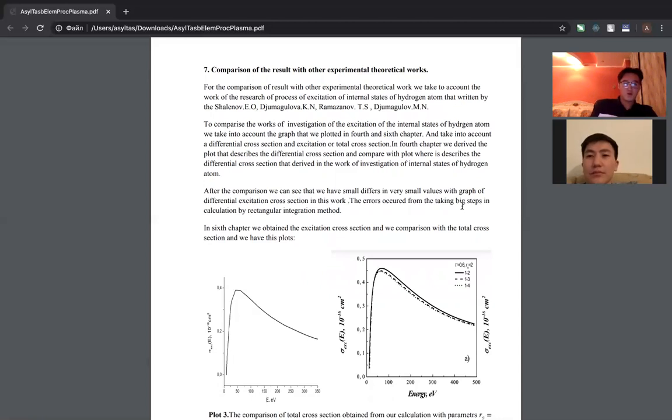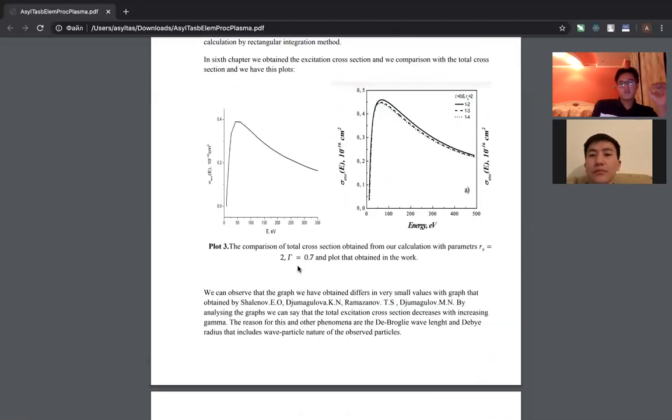In the 6th chapter, we obtain the excitation cross-section and compare it with the total cross-section, and then we have these plots. On the left-hand side, we have our derived cross-section plot, and on the right-hand side we have the total cross-section from the compared work, with parameters rs equal to 2 and gamma equal to 7.